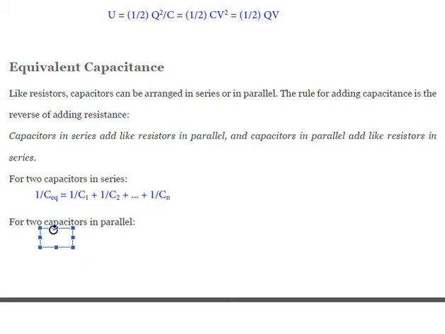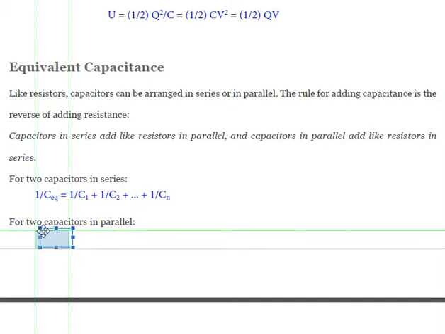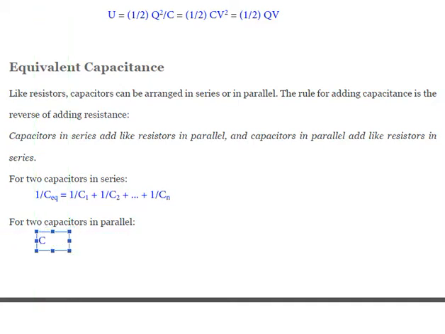And then when they're in parallel, they do the opposite of resistors in parallel. So here, our equivalent capacitance is just C1 plus C2 plus all the way up until you hit your very last capacitor.